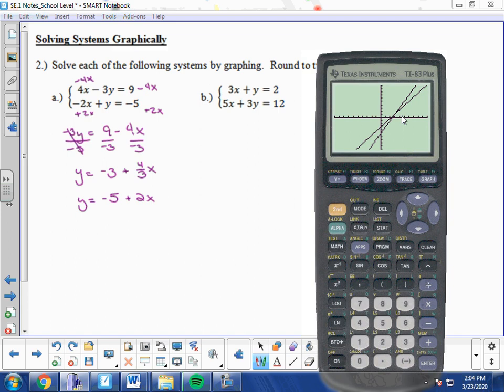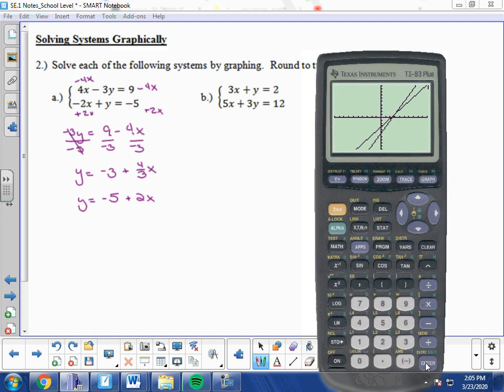So what we need to find is the intersection key. Remember on your graphing calculator, the intersection key is by hitting second and then go into the calculate menu, which is trace. And you can go down and select intersect. It'll say first curve, so just make sure you're on one of the lines, hit enter. It'll say second curve, make sure it's on the second line, hit enter.